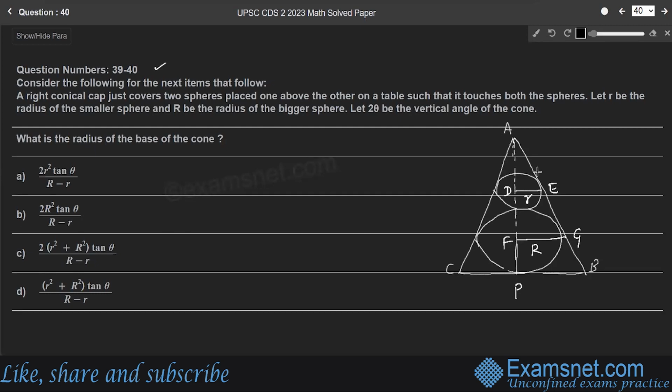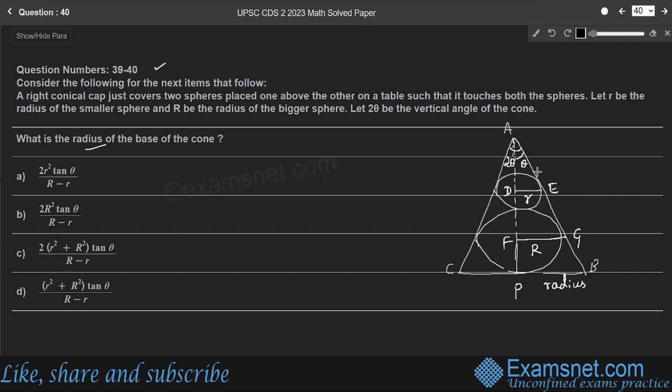Question number 40. What is the radius of the base of the cone? So the radius of the base of the cone, here it is PB. When you imagine the three-dimensional view of the cone, PB becomes the radius of the base of the cone. To find that, let us consider triangle APB. Here the vertex angle is given, which is 2 theta. The whole angle is 2 theta. Since this line AP divides the vertex into two equal parts, each angle becomes theta.